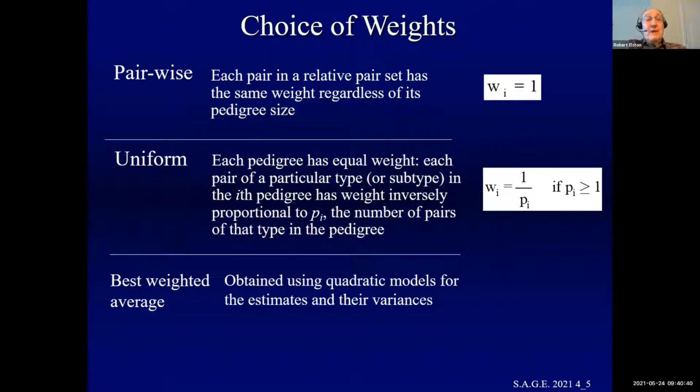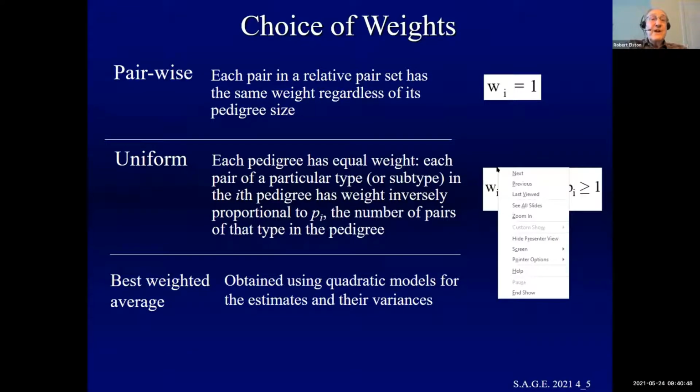And what we mean by best is that we get the right coverage. So if we're asking for a 95% interval, we get a 95% interval using the usual method of taking plus or minus, say, 2 standard errors.